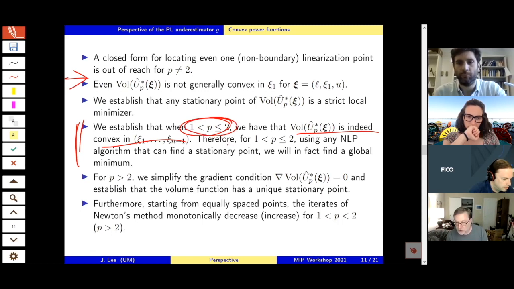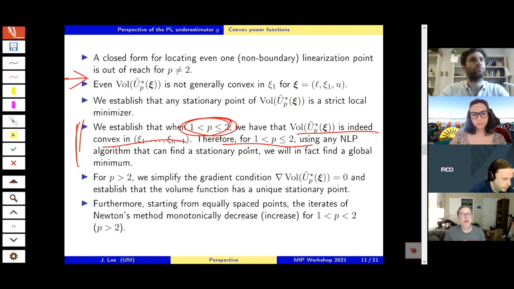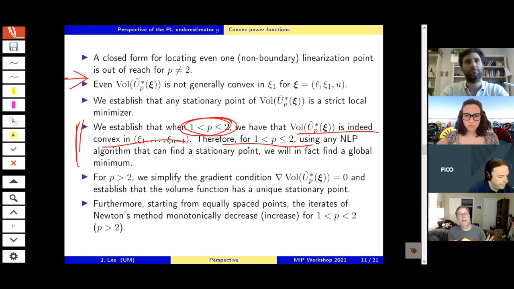And so in that case, if that's your exponent, then any nonlinear programming algorithm that will find a stationary point will find a global minimizer of the volume. So you can actually calculate the best place to put the breakpoints in that case just by using IPOpt or something like that.